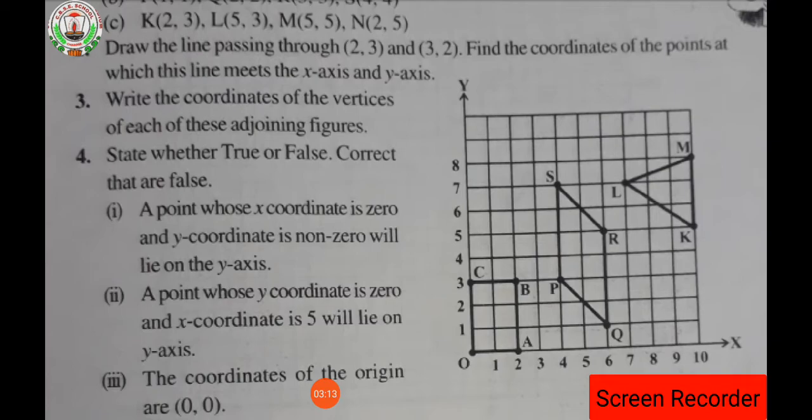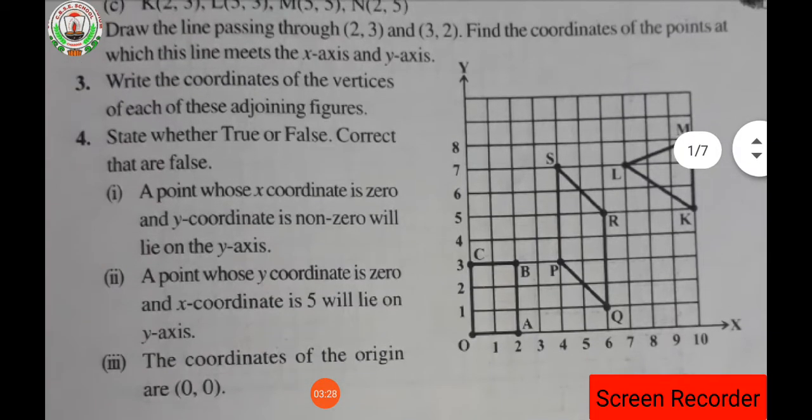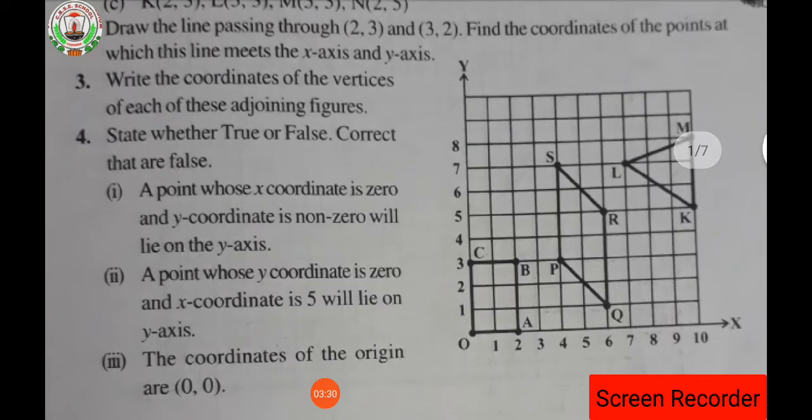Now what does the fourth question say? State whether true or false, and correct those that are false. That means whichever statement is false, we have to correct those statements. What are the statements? A point whose x coordinate is 0 and y coordinate is non-zero will lie on the y-axis.